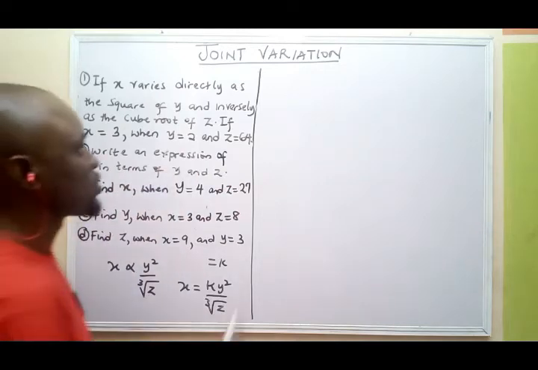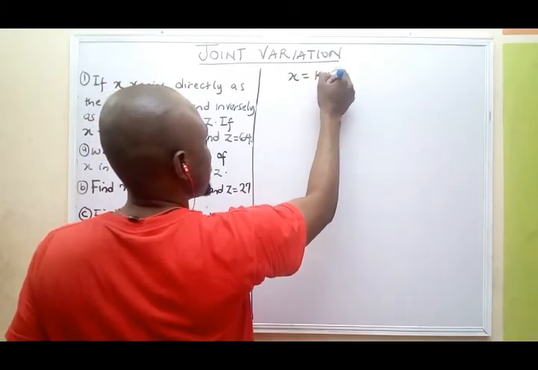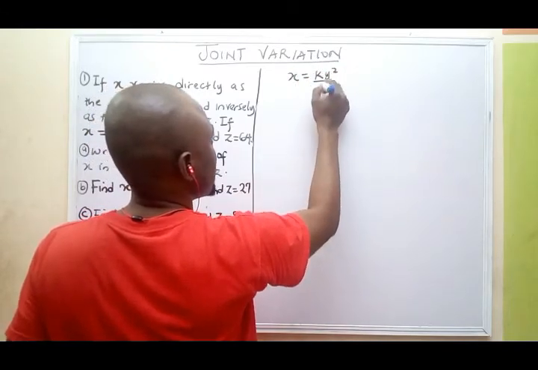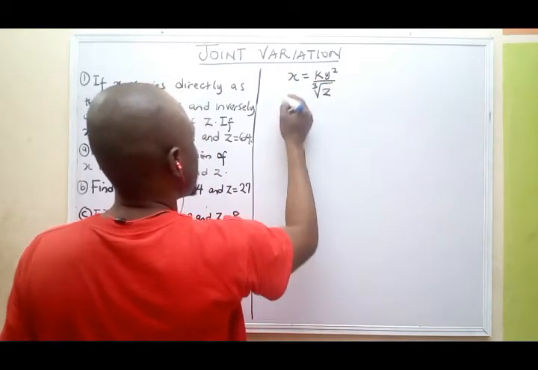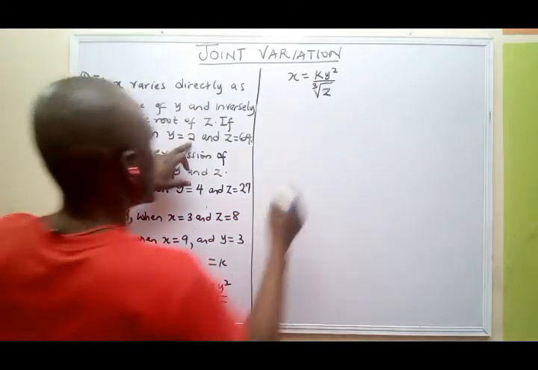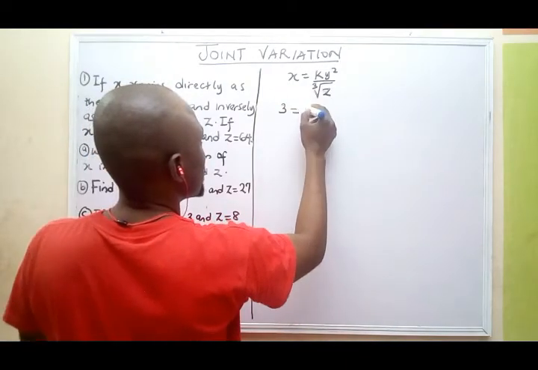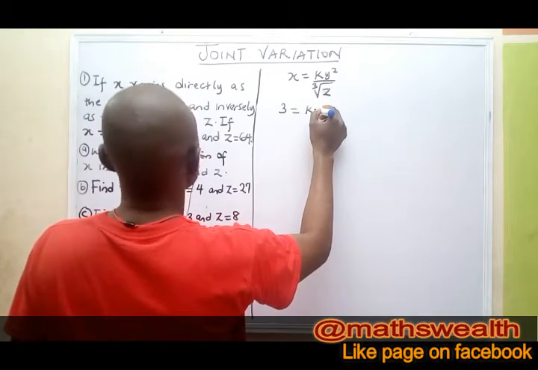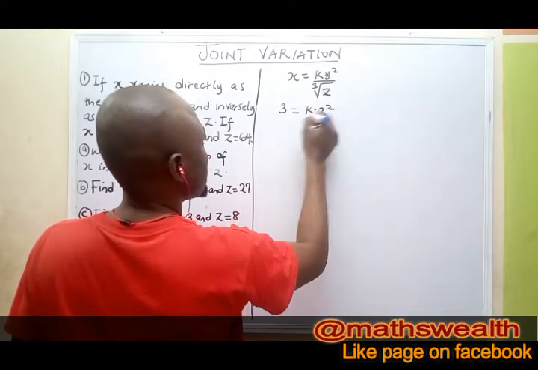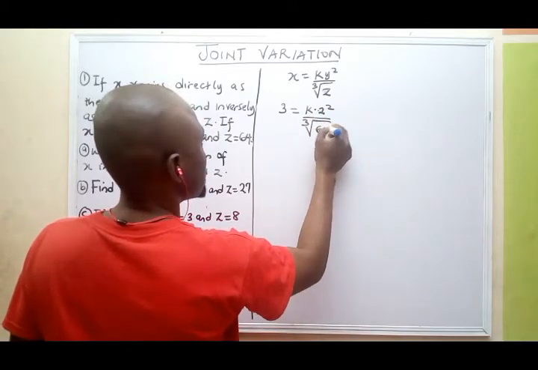So I'll go back to this expression, x equals ky squared over the cube root of z. x is 3, so I'm going to plug in 3. This is k times y, which is 2 squared, over the cube root of 64.